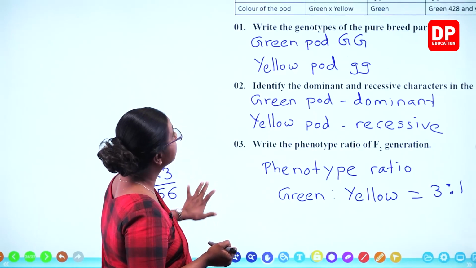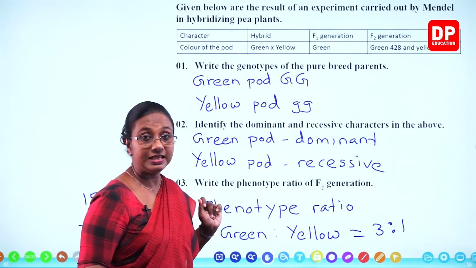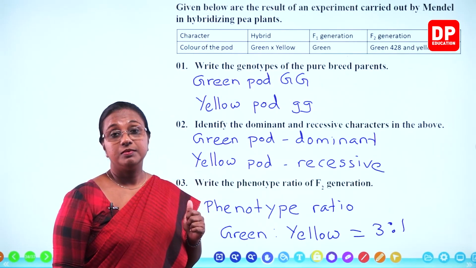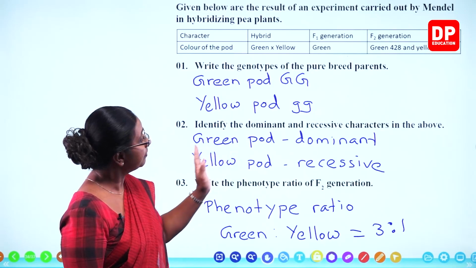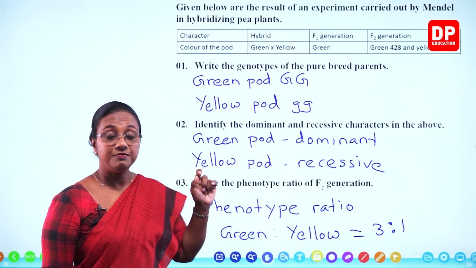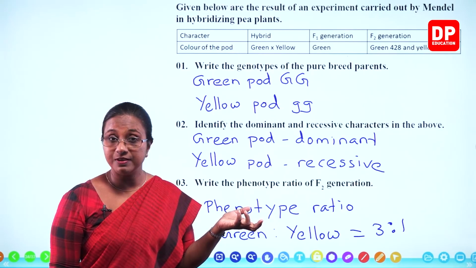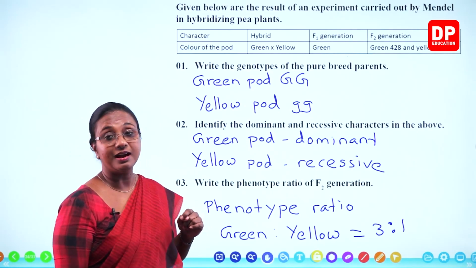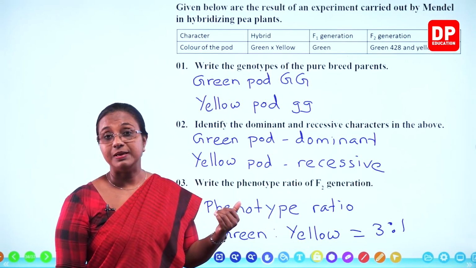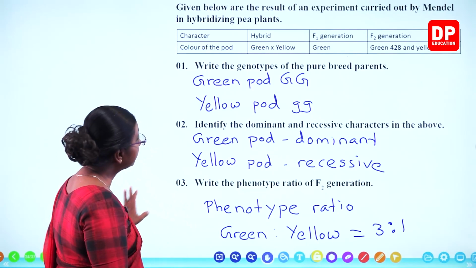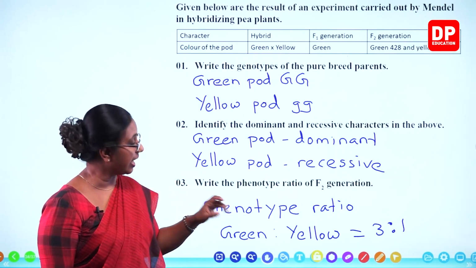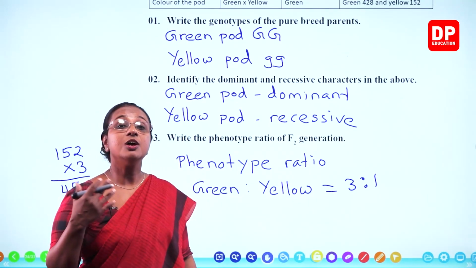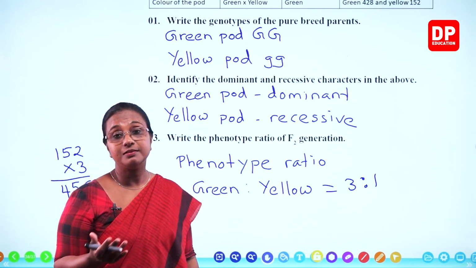So here you can see they have obtained 428, and you all know it is the closest ratio between the plants. If it was exact, it should have been 456, but they have obtained 428 plants with green color seed. So there the ratio will be 3:1. So even if you find the ratio using the values there, you will still be writing the ratio as 3:1. That is the closest whole number ratio.